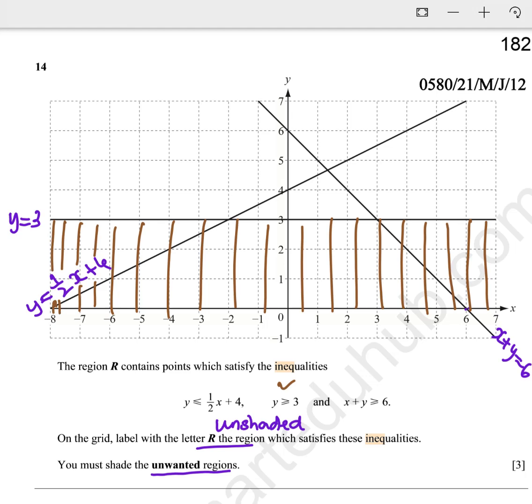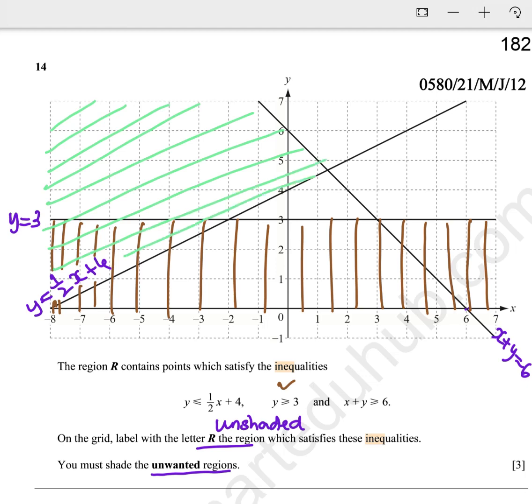Now x plus y is greater than or equal to 6. So I'm going to shade everything that is less than or equal to 6. It is this region. And the last one is y is less than or equal to half x plus 4. So that means I'm going to shade everything that is above this line.